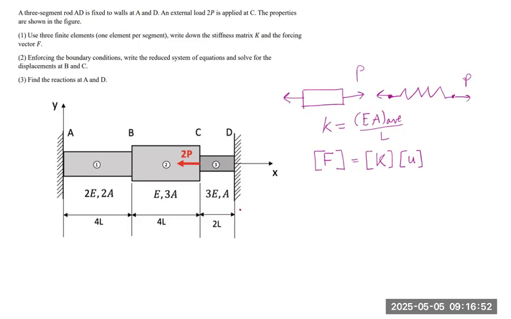And the number of nodes will always be 1 plus the number of elements.